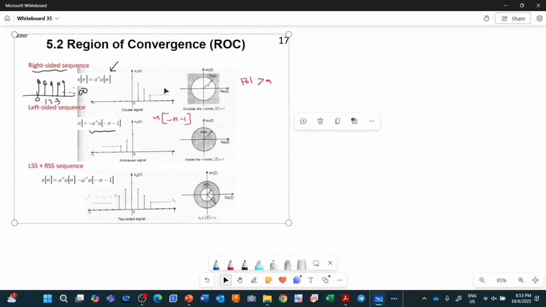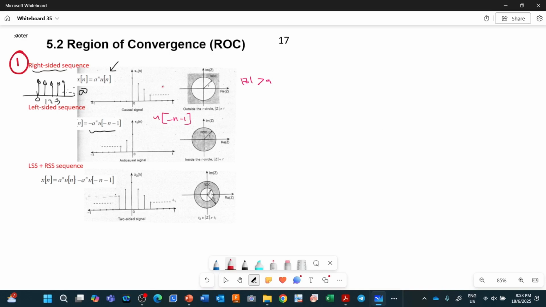So we go to the first one. The first one is the right-sided sequence, the second one is left-sided, and the third one is left-sided plus right-sided sequence. I'm not going to derive everything, I'm just going to explain what is meant by right-sided sequence.